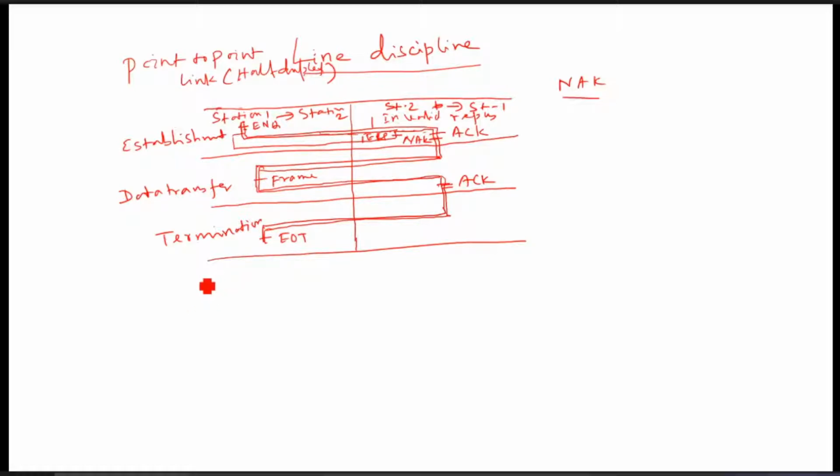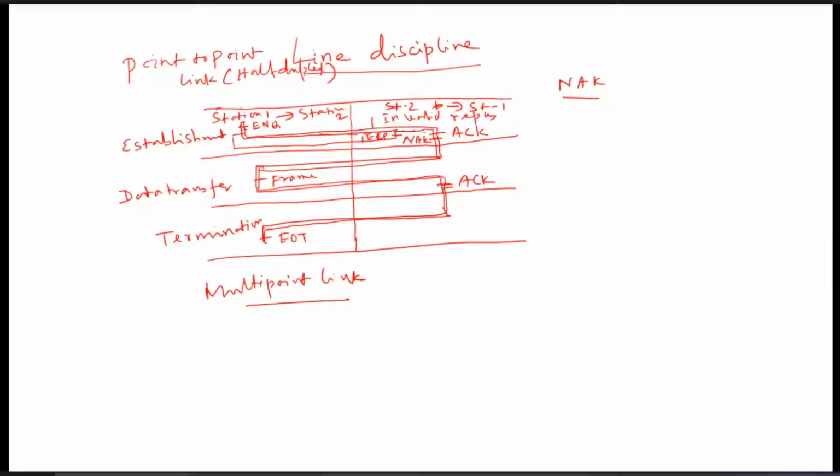Now, if you consider the multi-point links, in this case the line discipline depends on whether there is a designated primary station or not.